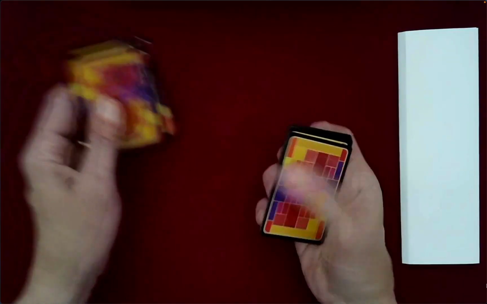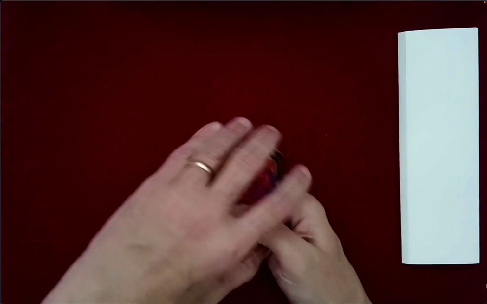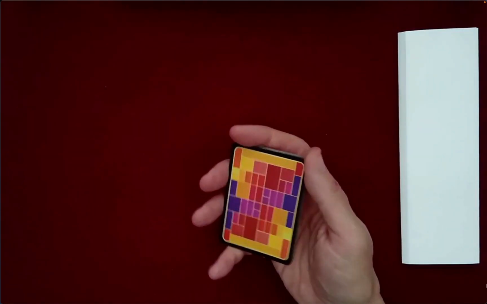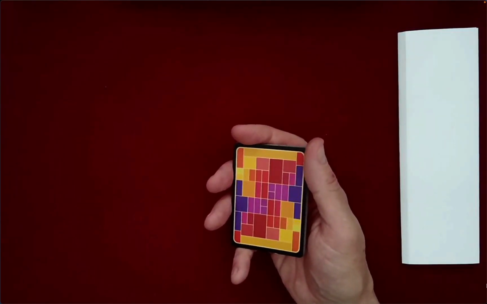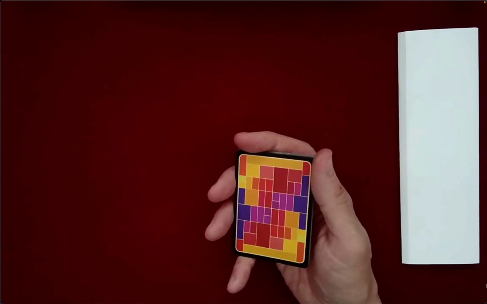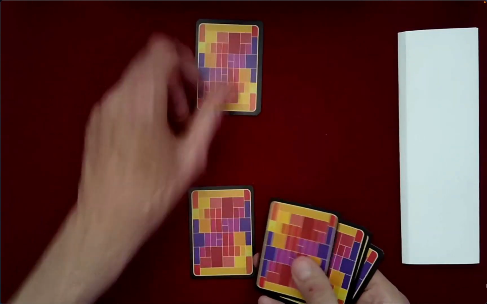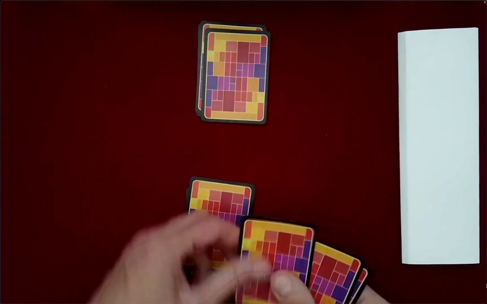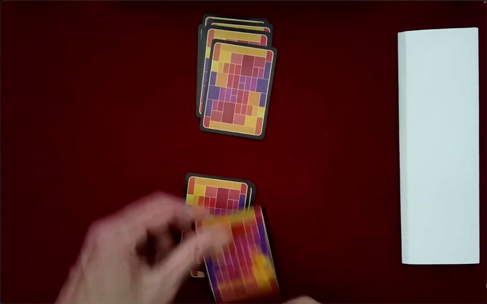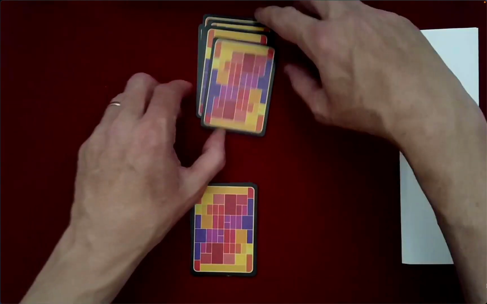Okay. Very, very, very good. Okay. Well, I don't know about you, but it feels like these cards are just beyond the knowledge of anyone. Okay, so why don't we go ahead and just deal them out into two piles here. So a pile for you and a pile for me, I suppose we could say.